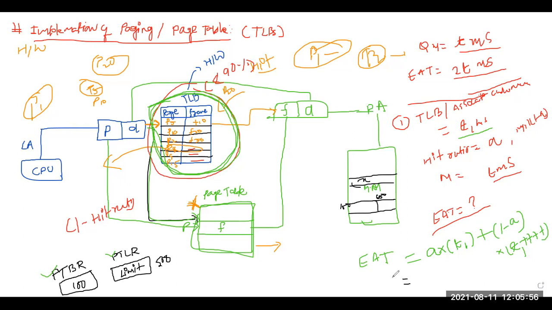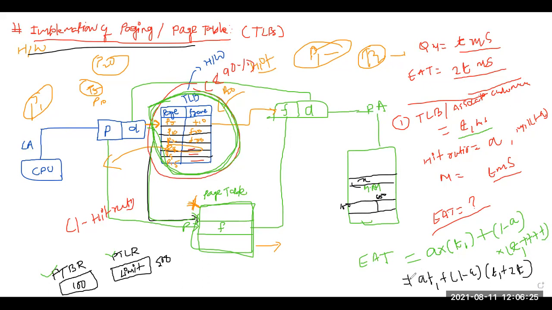The effective access time for implementation of paging using TLB will be A into T1 plus 1 minus A into T1 plus 2T. Is it clear to all of you how we are getting this?